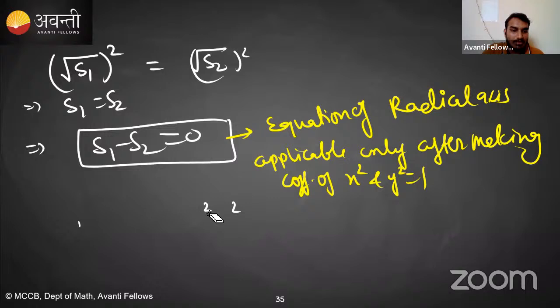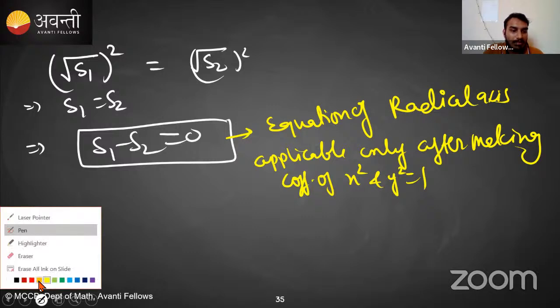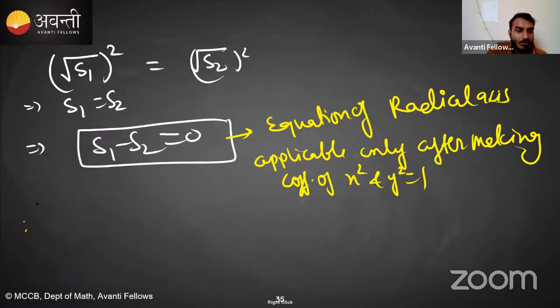So what is the locus? We are finding the locus now. Locus is nothing but putting the point in S1 minus S2, so put x with h and y with k.